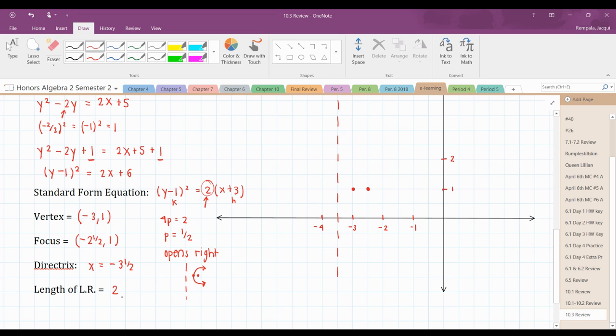Okay, and then since the length of my latus rectum is 2, from the focus point I want to split that in half. So that means I go up 1 and I go down 1. That creates the length of the latus rectum, and then I can connect my points from the vertex to those points. And there's my graph.